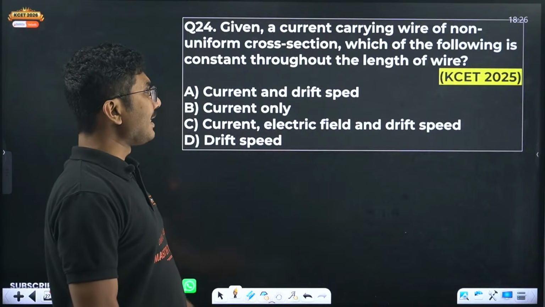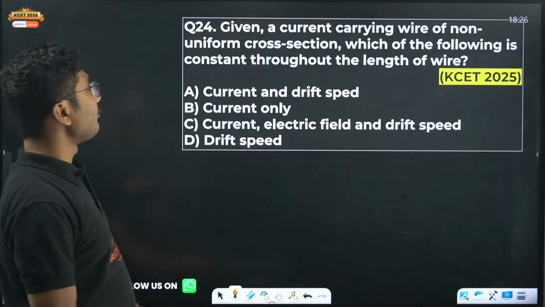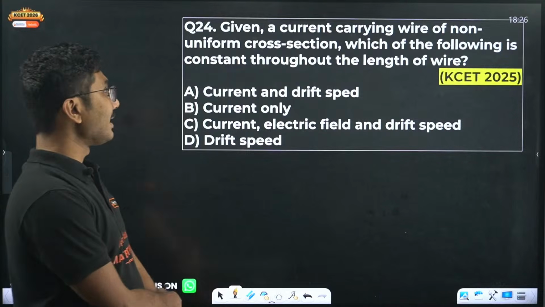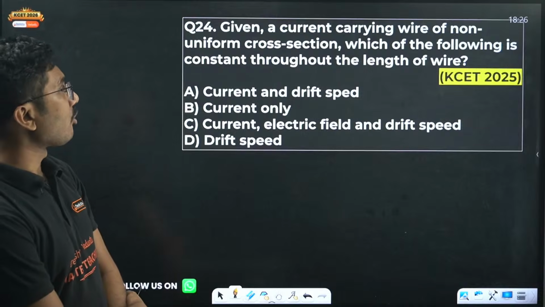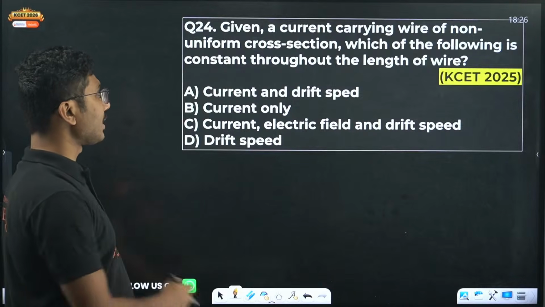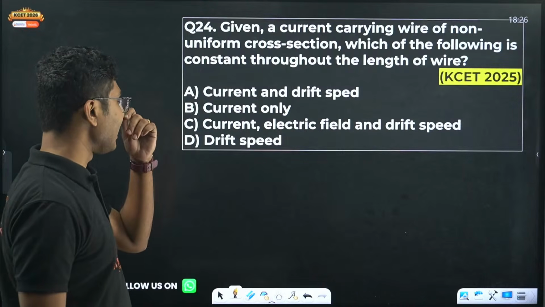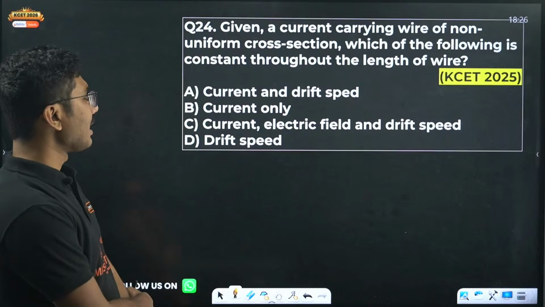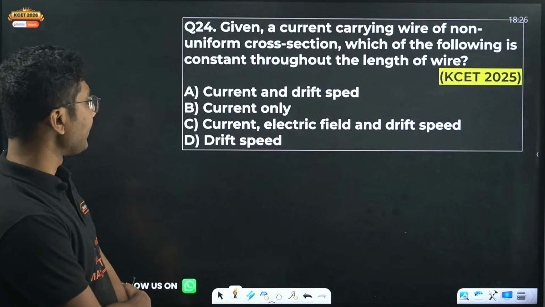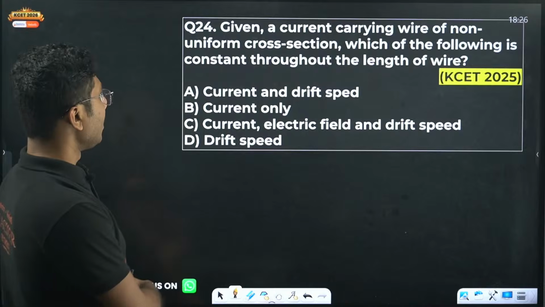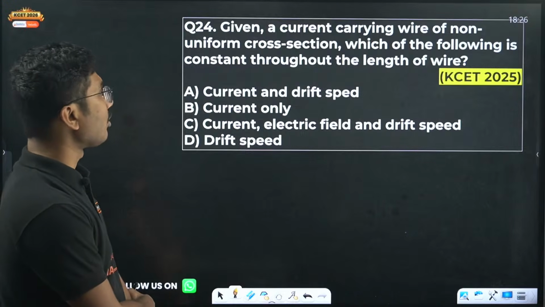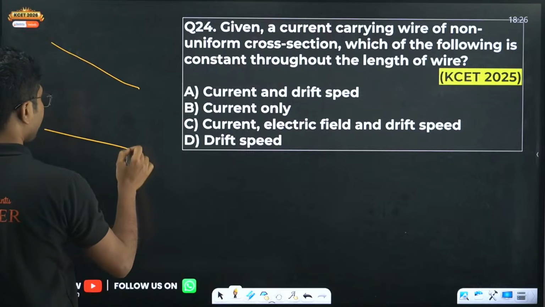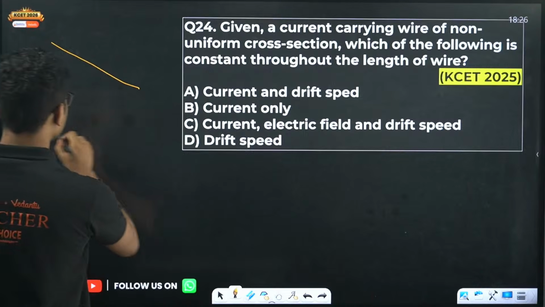Given a current carrying wire of non-uniform cross section, let's finish this quickly. Which of the following is constant through the length of the wire? Current and drift velocity, current only, current, electric field and drift speed, or only drift speed. Non-uniform cross section means obviously the cross section is different.